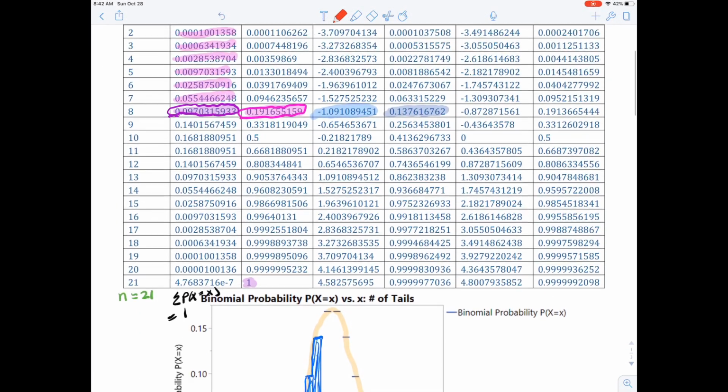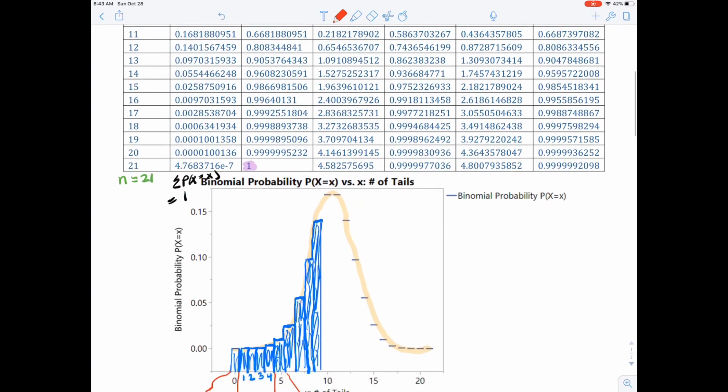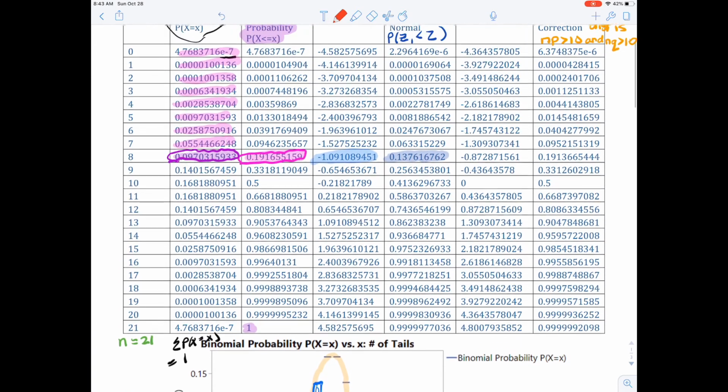So if we take a look at these probabilities using the standard normal, that's just not going to work, because that would assume that all of these bars were shifted either to the left or right by 0.5. So let's check it out.